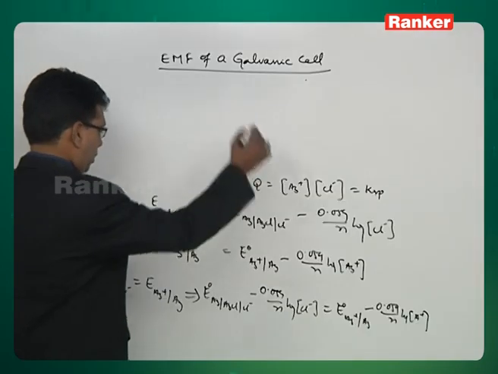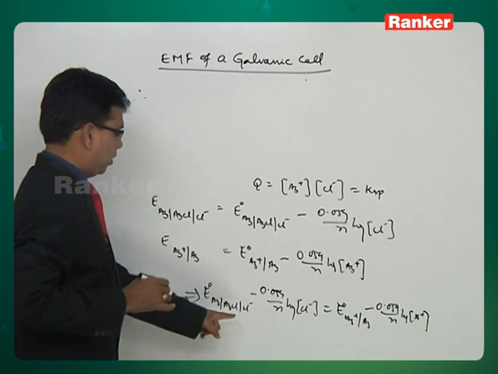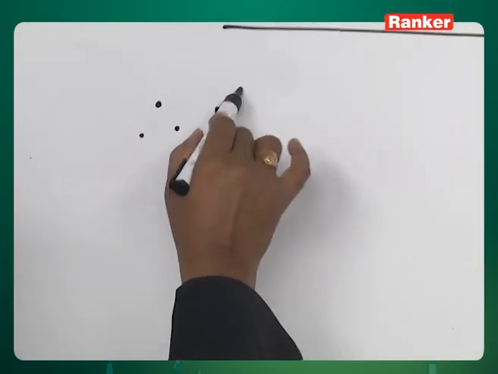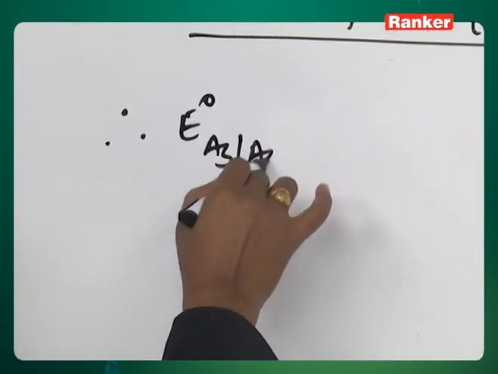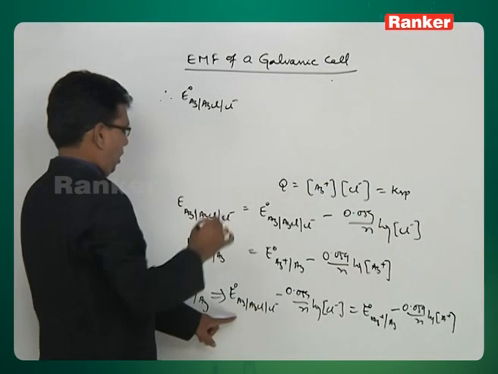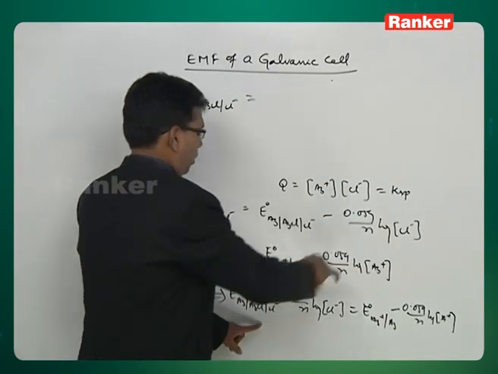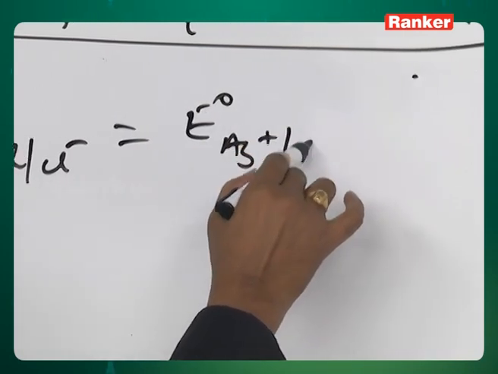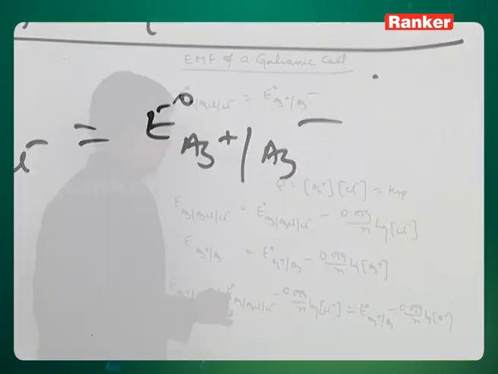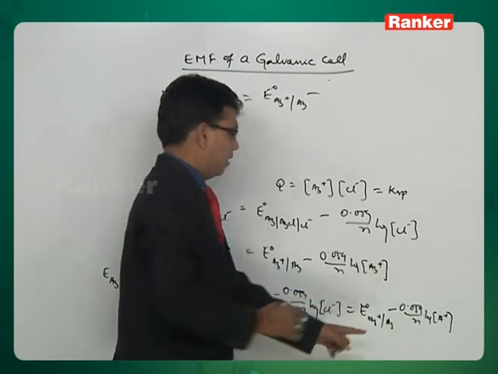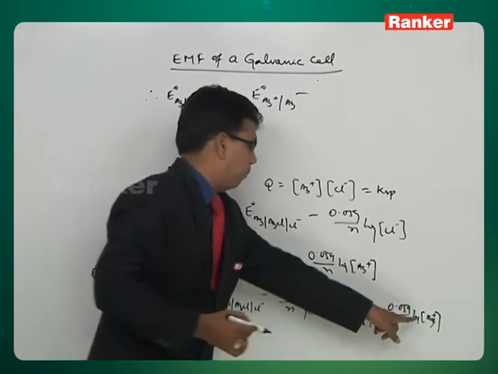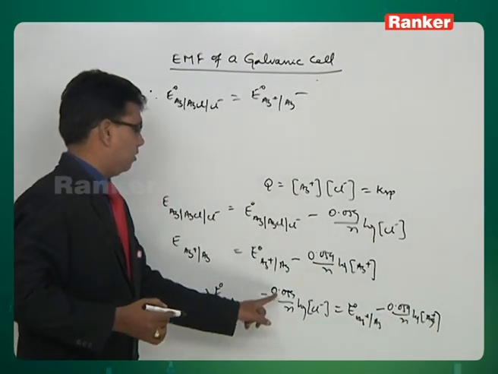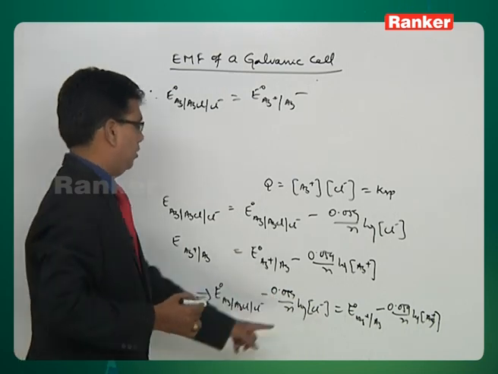So, from this what we can write is that E naught Ag, AgCl, Cl minus is equal to, taking it to the other side, E naught Ag+ by Ag minus 0.059 by n log Ag+ plus 0.059 by n log Cl minus.